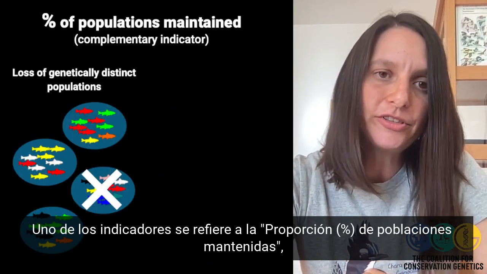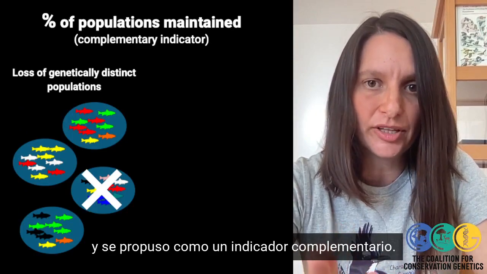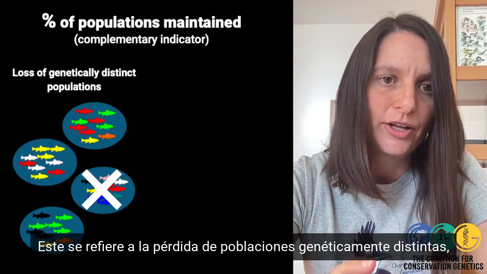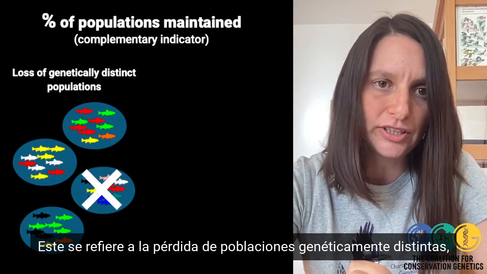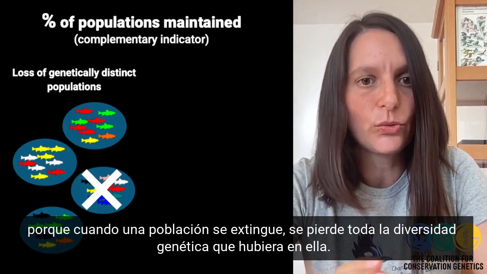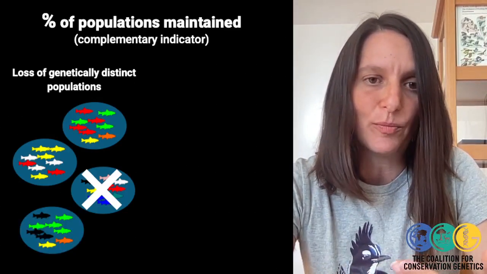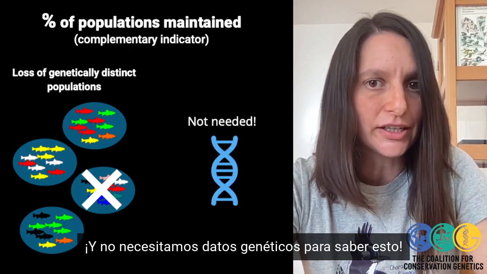One of the indicators refers to the proportion of populations maintained and was adopted as a complementary indicator. This refers to the loss of genetically distinct populations because when a population goes extinct, we lose whatever genetic diversity was within it. And we don't need genetic data to know this.